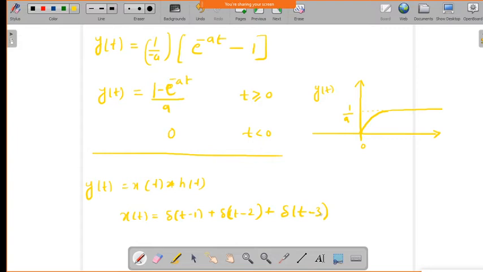And h of t is given by the triangular signal between -1 to +1. Now you need to find out what is y of t. Try to do it, the convolution integral.